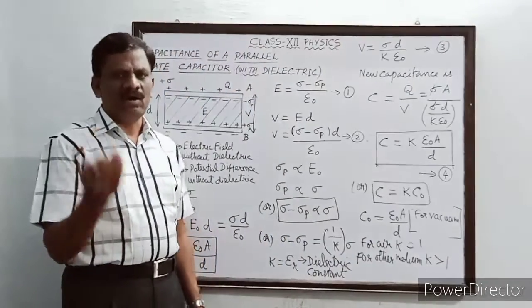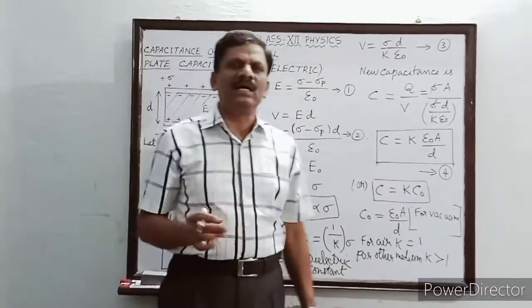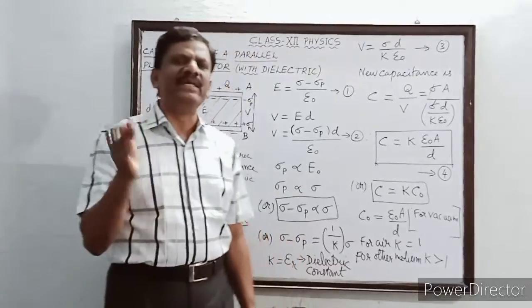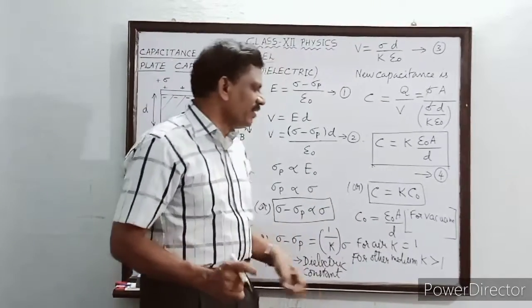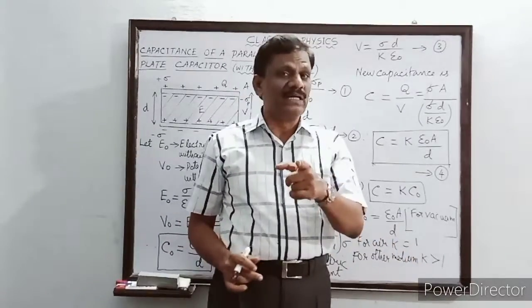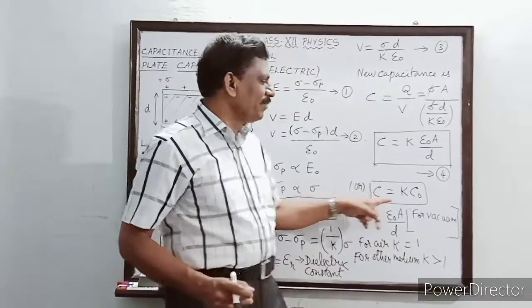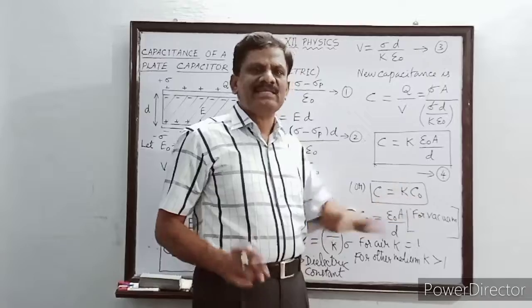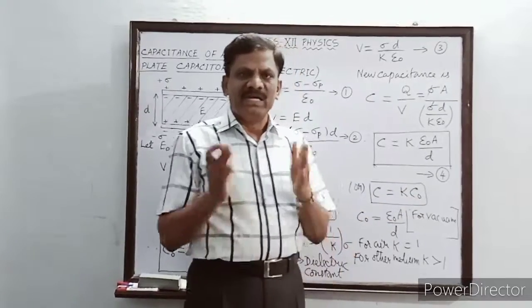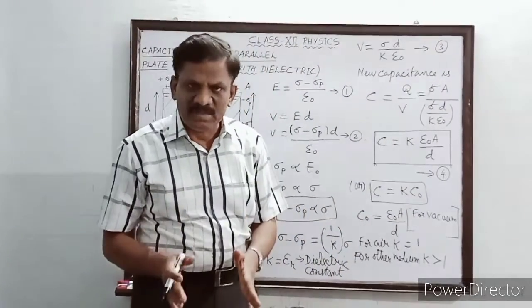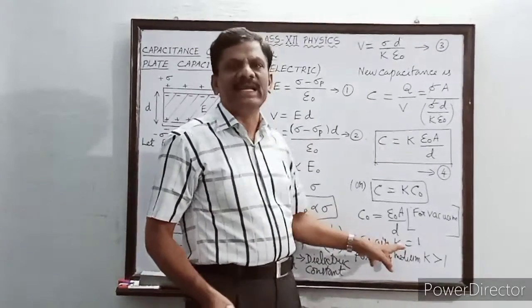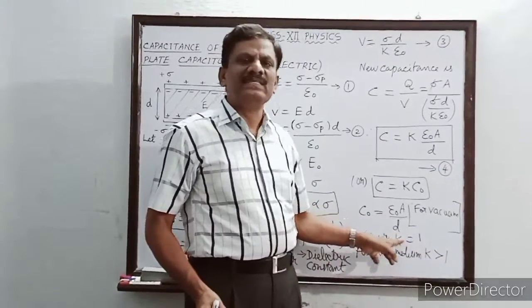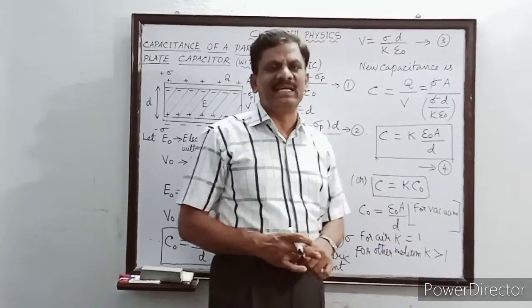If you take oil or mica or ebonite, if any medium other than air is filled between the two plates, then the value of K is always greater than 1. Therefore, the capacitance of the capacitor will always increase when a dielectric is introduced between the two plates. Why? Because the value of K, the dielectric constant, is always greater than 1 for any medium other than air.